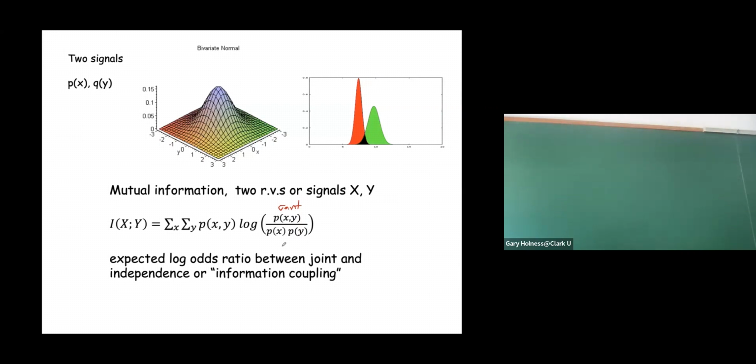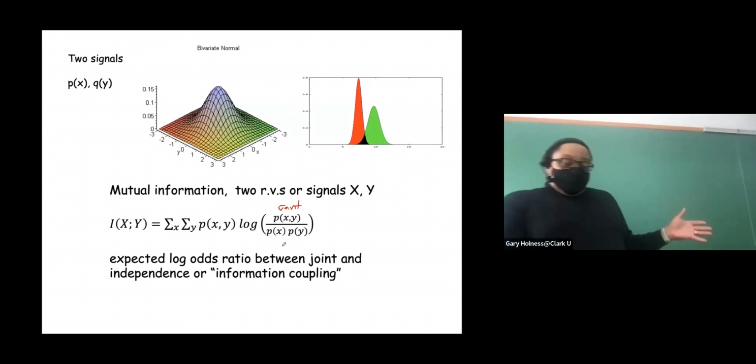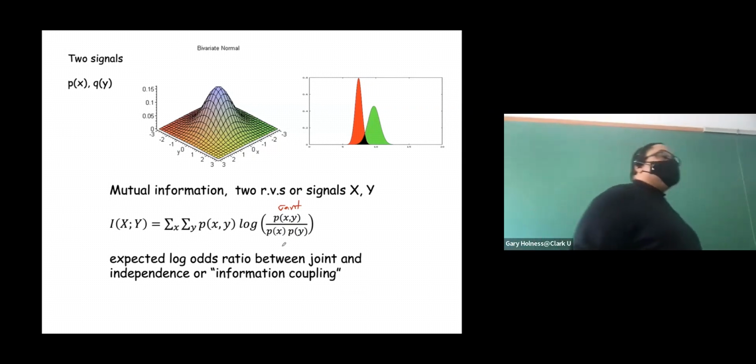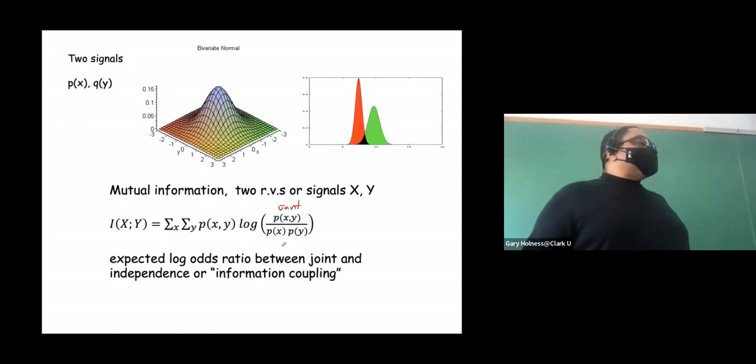And so what this likelihood ratio is saying, do they agree, or how much do they agree under the independent assumption versus the non-independent assumption? And we take the log of that, and we take the weighted average, and this is our so-called mutual information. Does that make sense? Any questions?